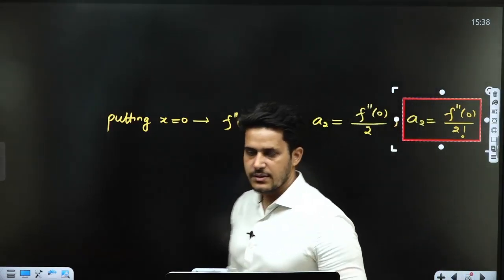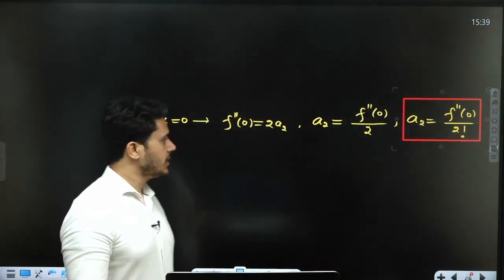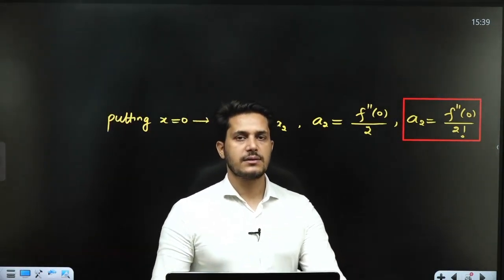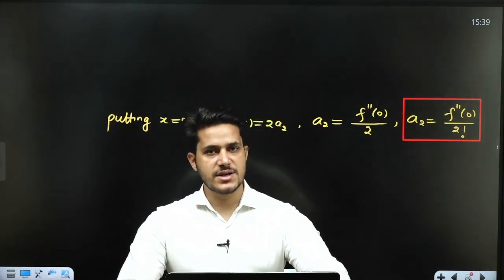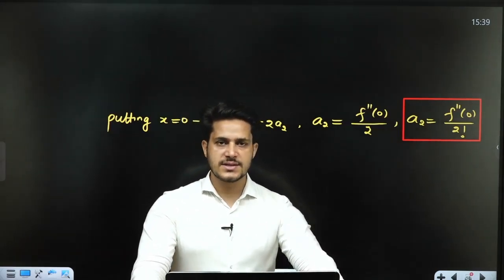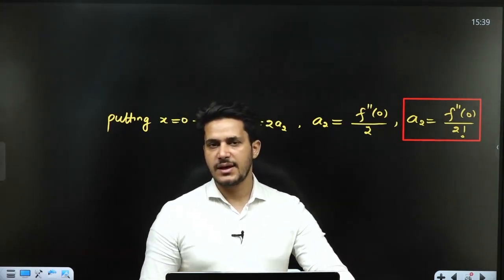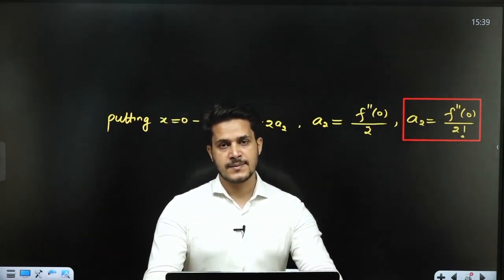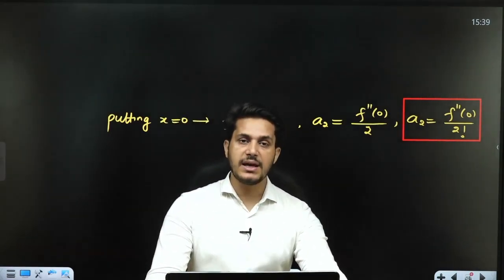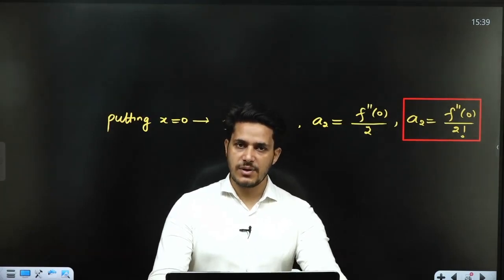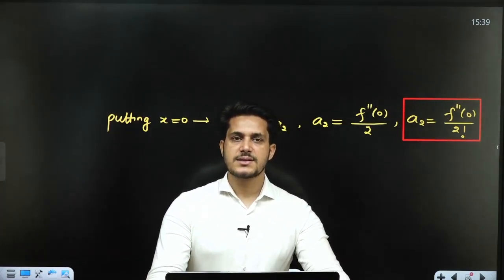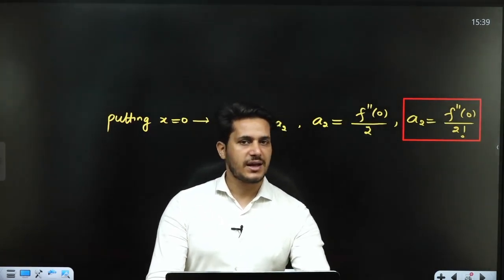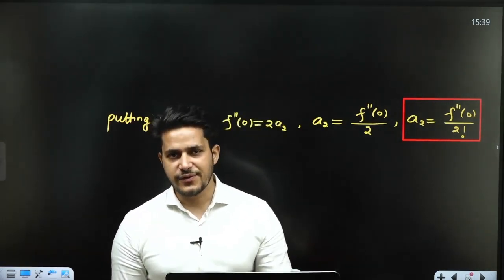So in this way you are getting a sequence that if the function is differentiated twice, then it is divided by 2. If the function is differentiated thrice, 3 times, then how much factorial will be in the denominator? It will be 3 factorial also. Similarly, if the function has 4 derivatives, then in the denominator there should be 4 factorial.